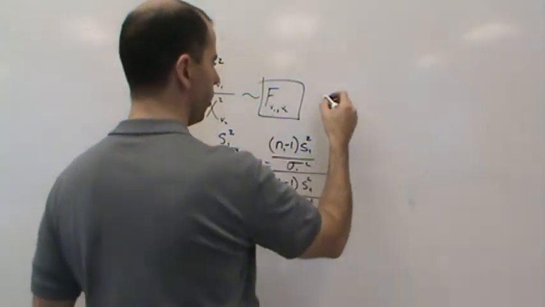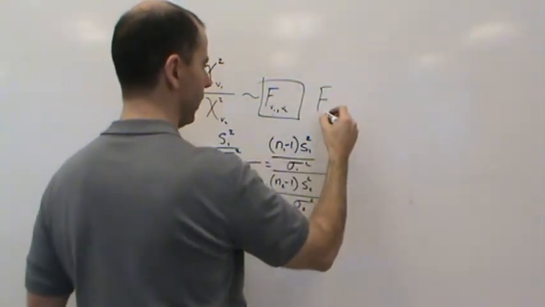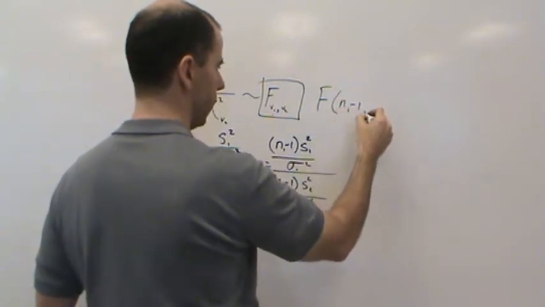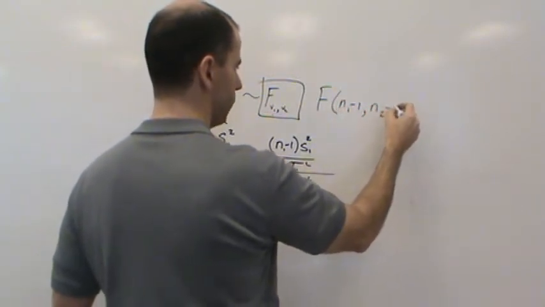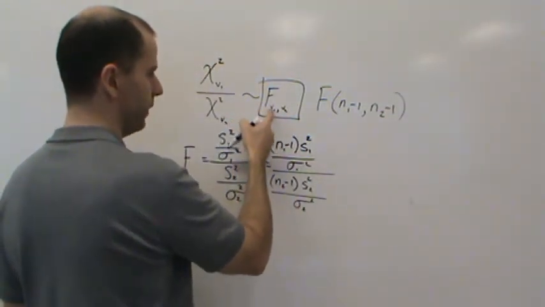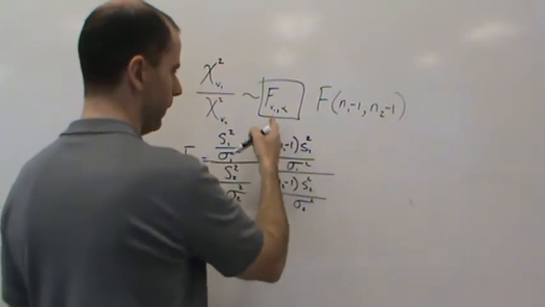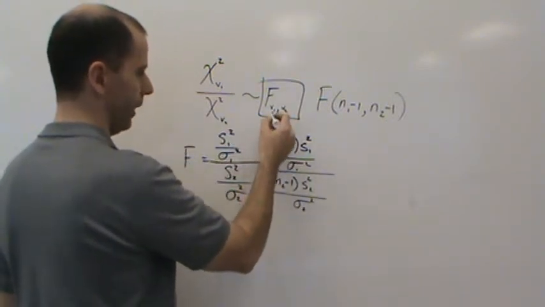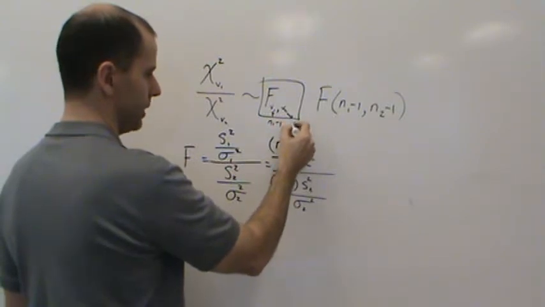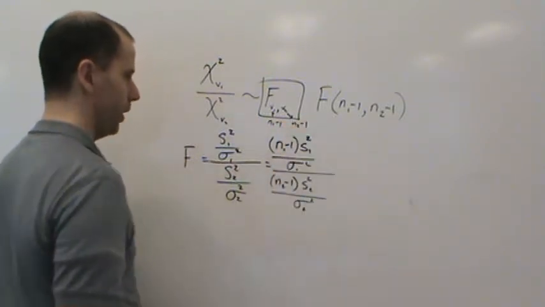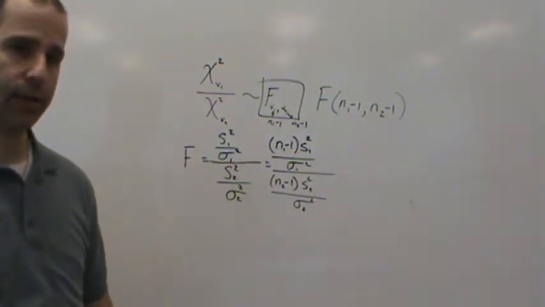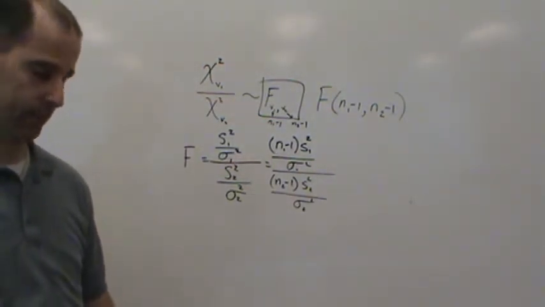You could also use F with parentheses N1 minus 1, comma, N2 minus 1. But the typical one is to use F with the subscripts V1 and V2, where V1 is equal to N1 minus 1, and V2 is equal to N2 minus 1. So again, the numerator degrees of freedom versus the denominator degrees of freedom.